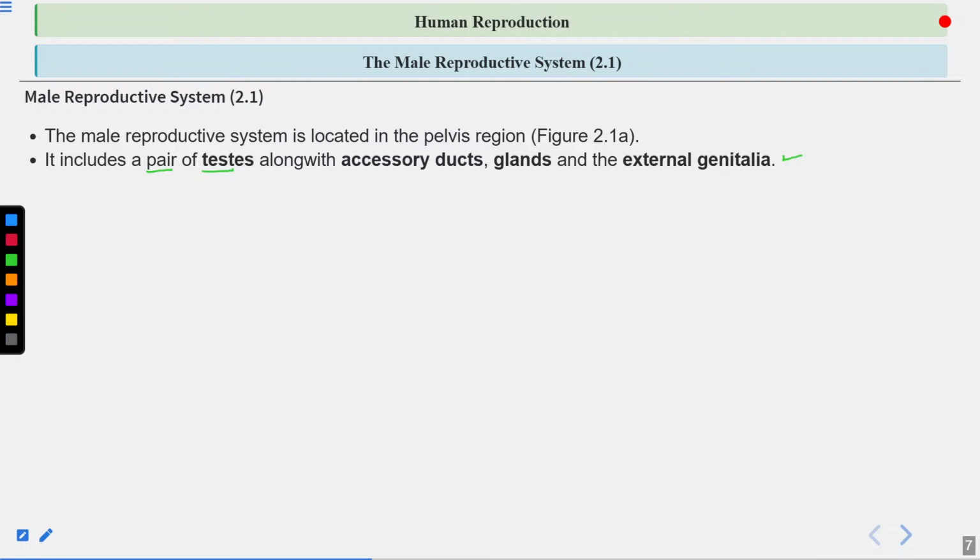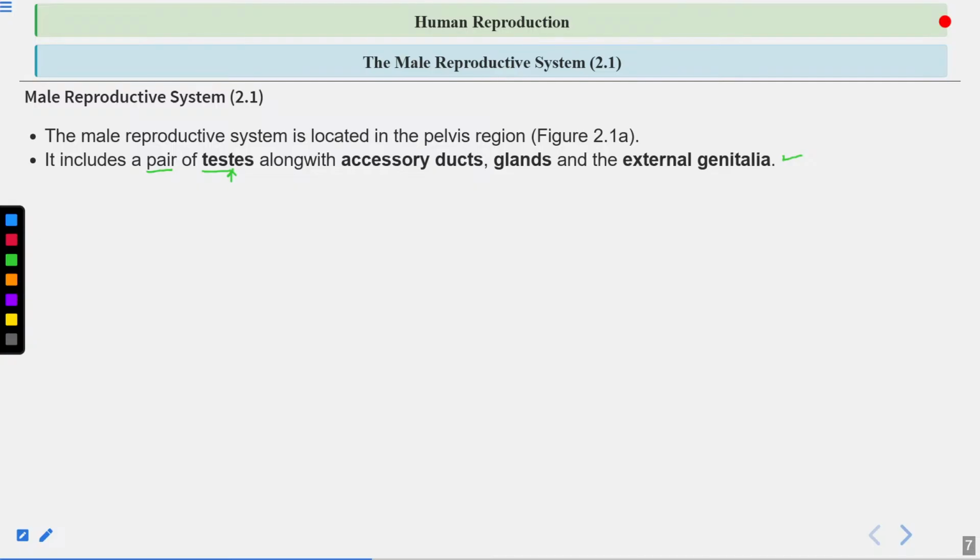Testes are the primary sex organs. Why are they called primary sex organs? Because within the testes, sperm production takes place, which is known as spermatogenesis. Testes also secrete hormones such as testosterone.